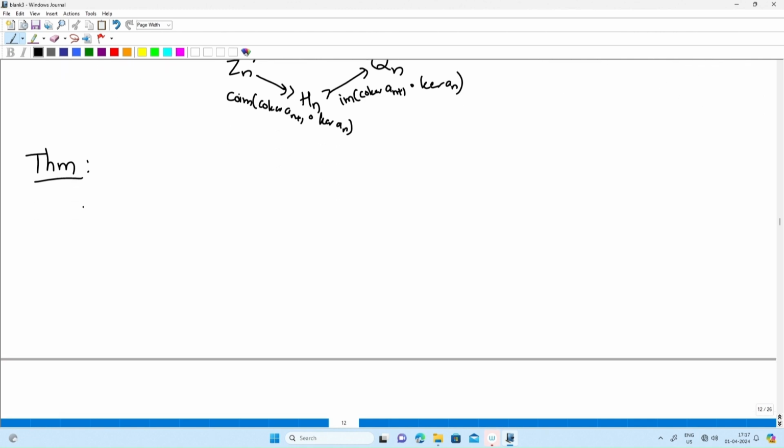I am not going to cover all the properties, but I am going to prove one of them. This is the long exact sequence. Here long means infinite, a sequence of homologies.